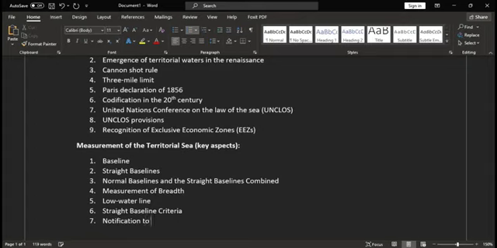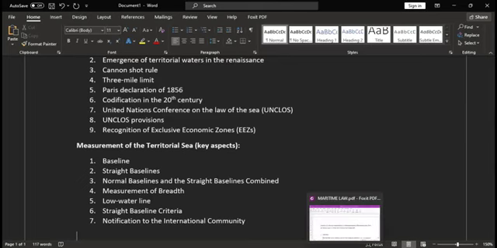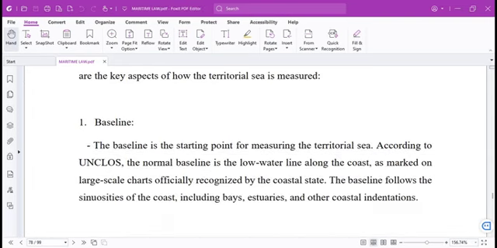Notification to the international community. Then explain them one after the other.